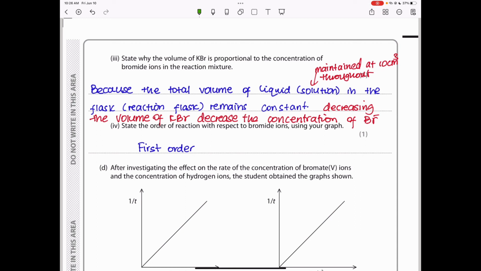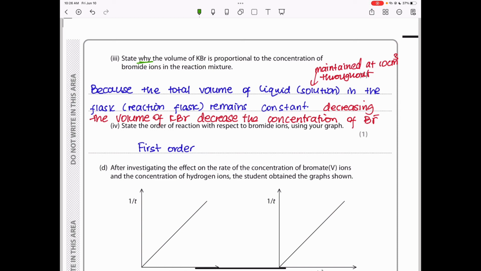So when you decrease the volume of potassium bromide, the concentration of the bromide ions is also going to decrease. So the reason is to make sure that the total volume of the liquid in solution in the reaction flask is going to remain constant. That is why it has to remain constant.